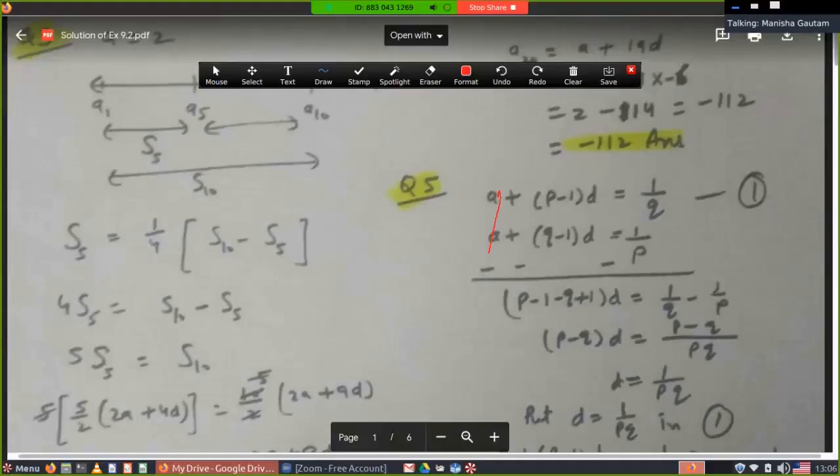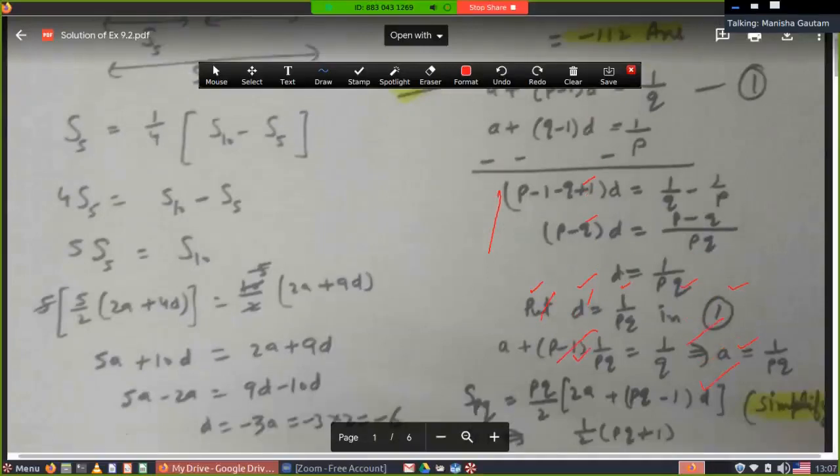When you subtract the two terms, you have to take d outside: (p minus 1) minus (q minus 1) means p minus q, as minus 1 and 1 both cancel. So p minus q is on the left hand side. On the right hand side, 1 upon q minus 1 upon p, taking LCM, gives (p minus q) upon pq, and p minus q cancels with this p minus q. What you get is d equal to 1 upon pq.